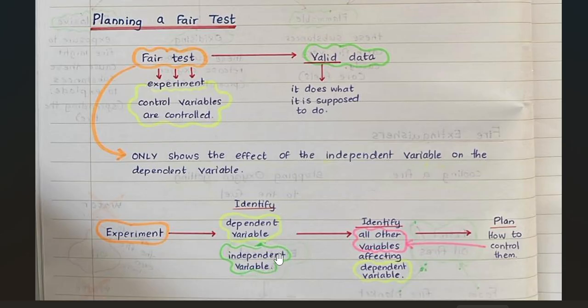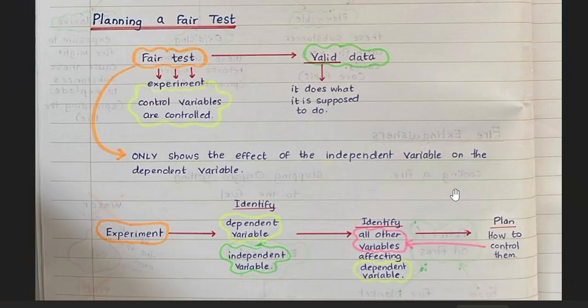Once you have identified these two, then you can identify all other variables which are affecting the dependent variable. Once you identify all these other variables, you have to plan how we are going to control them. Is that clear?